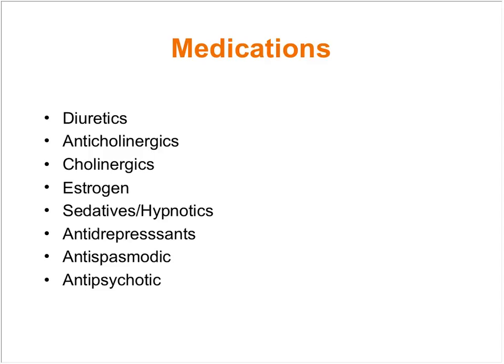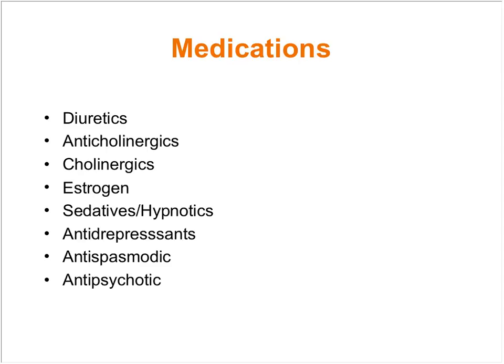And then a drill down in terms of looking at medications impacting the bladder. So diuretics, the timing of diuretics, anticholinergics that relax the bladder, estrogen, sedatives. Hypnotics at night might be impacting the awareness of the need to void at night, awareness of passing urine.